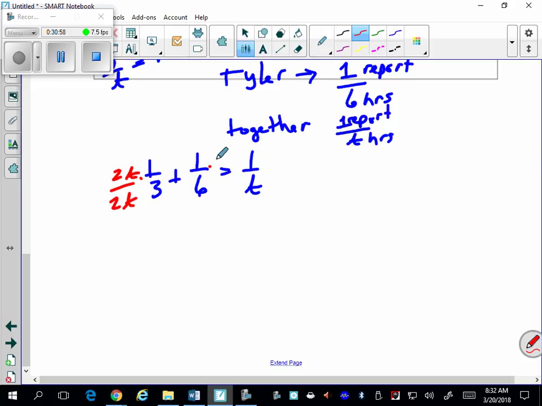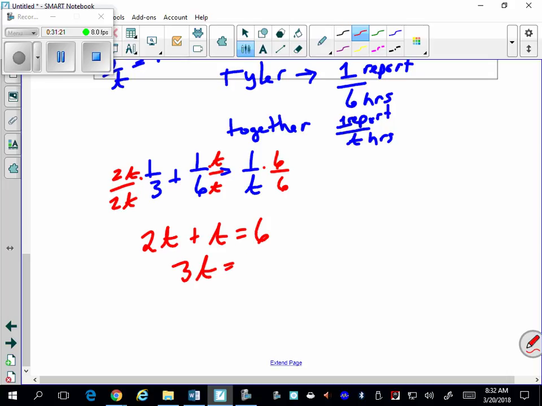So let's just drop the denominators in. You have 2t times 1 is 2t, plus 1 times t is t, equals 1 times 6 is 6. So you have 2t plus t is 3t, equals 6, divided by 3, and the time it's going to take them to finish is 2 hours.